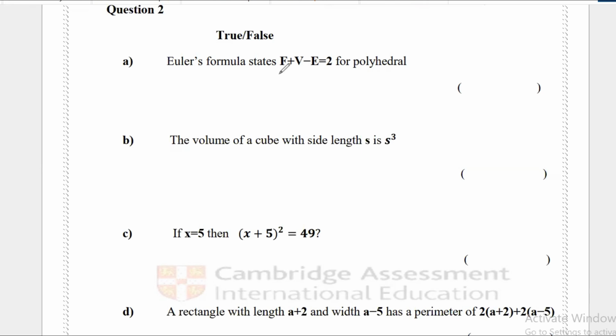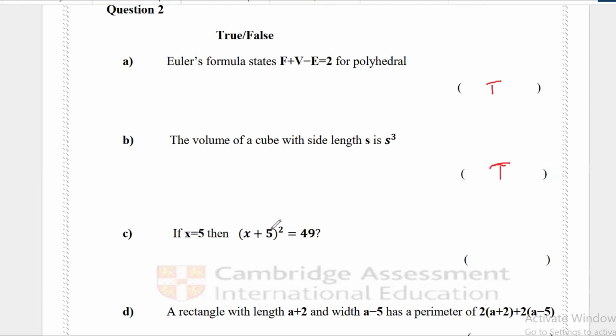So F means faces, V means vertices, E means edges, and this formula will work. So this is true. The volume of a cube with side length s is s cube, meaning all sides are size s, so it is correct.